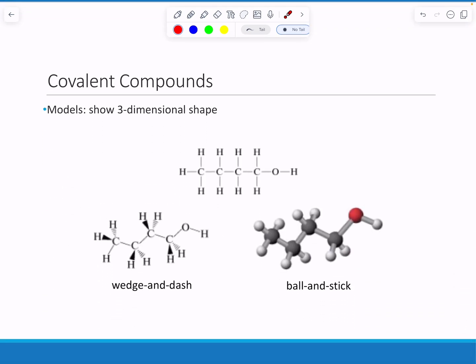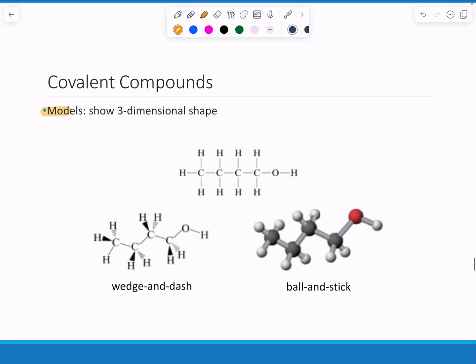So structural formulas are the first way that we have of representing the arrangement of atoms, who's bonded to who. And the next type of representation we use are what we call molecular models.